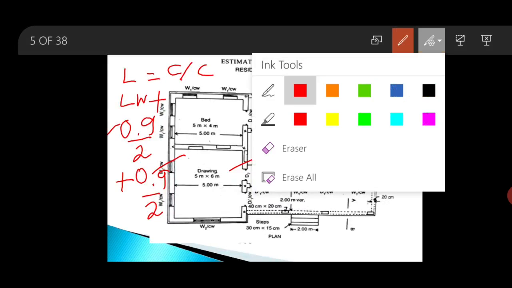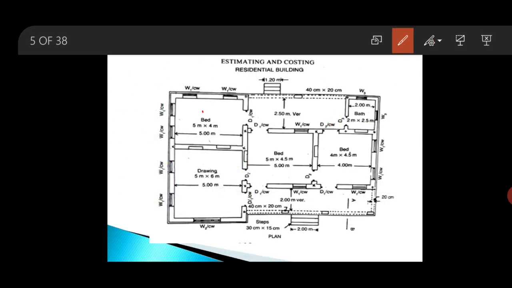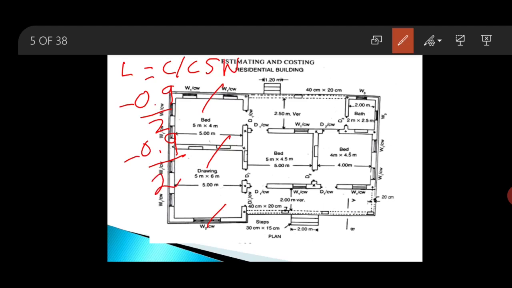Then we will move to the short wall. In this there are 3 numbers of short wall. The total length of the cement concrete work in foundation along short wall will be the center to center length of short wall minus 0.9 by 2 minus 0.9 by 2.